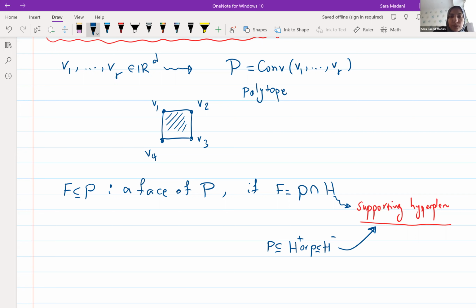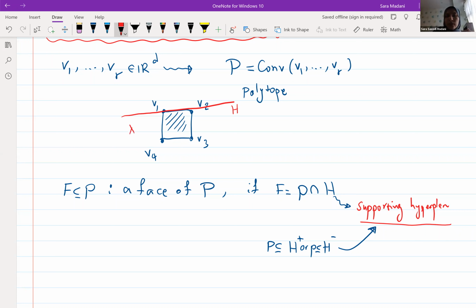For example, if we work with this polytope above, if I take this hyperplane, okay, so a line in R^2 is a hyperplane. If I take this hyperplane H, then we see that the whole polytope is inside one of the half spaces that it generated.